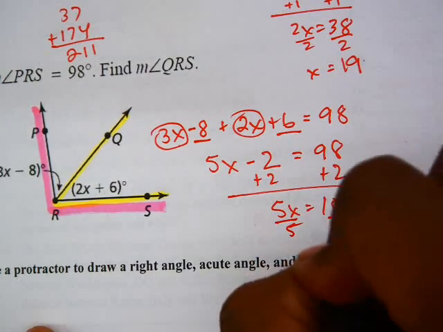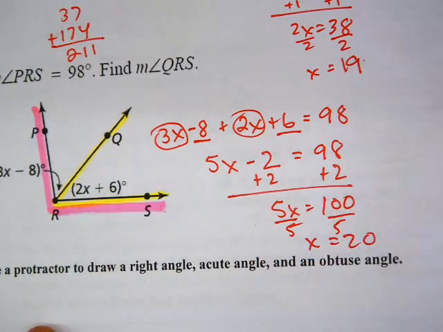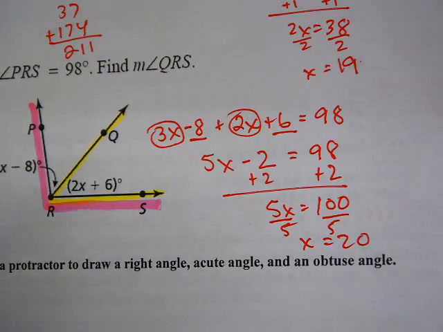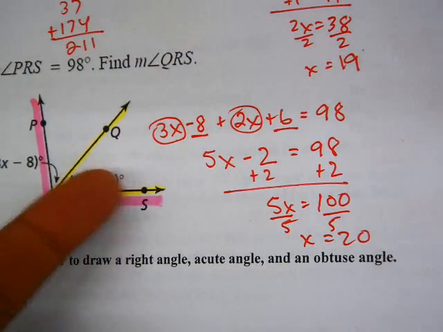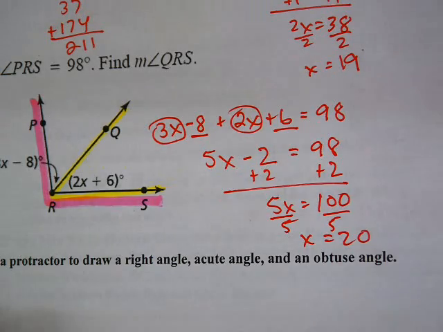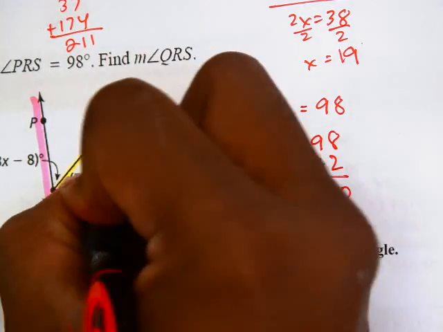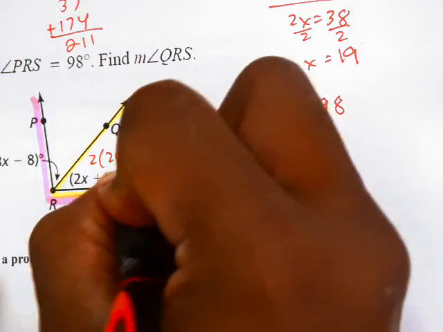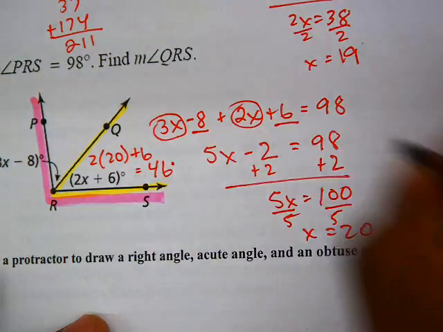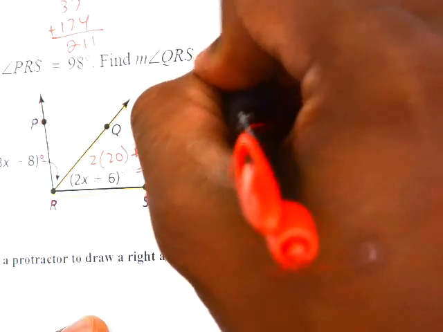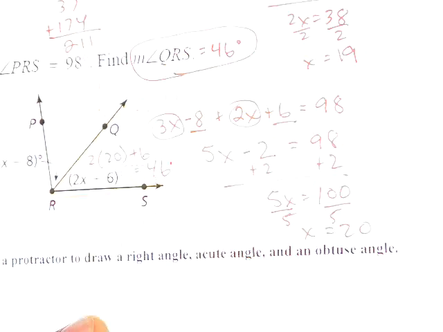Divide by 5, and x is 20. Again, I check to see if I'm done, or if that's what the directions asked. They didn't. They asked me to find that angle. So I need to take the 20 and substitute it back in. 2 times 20 plus 6 is 46 degrees. So angle QRS is 46 degrees.